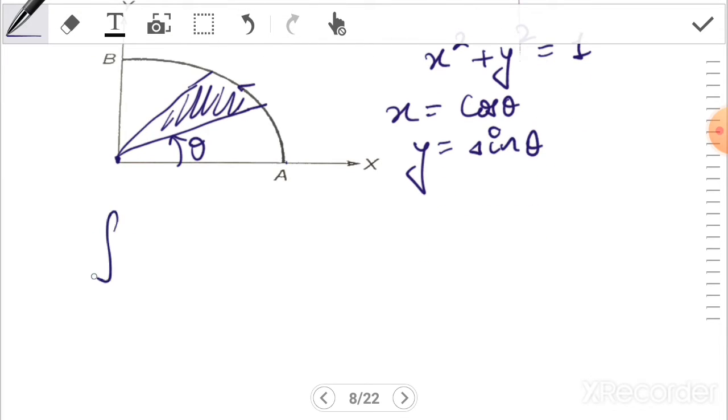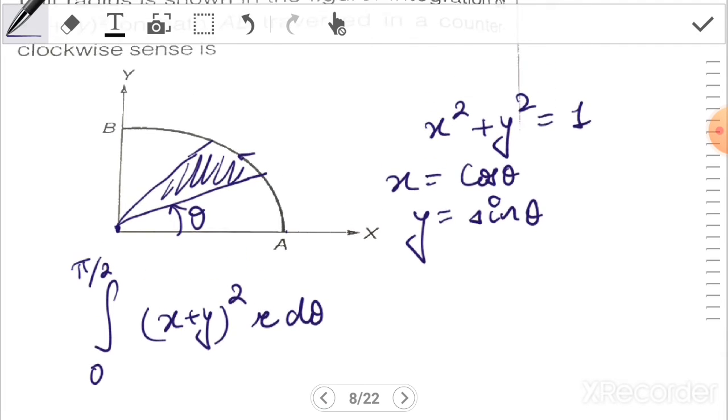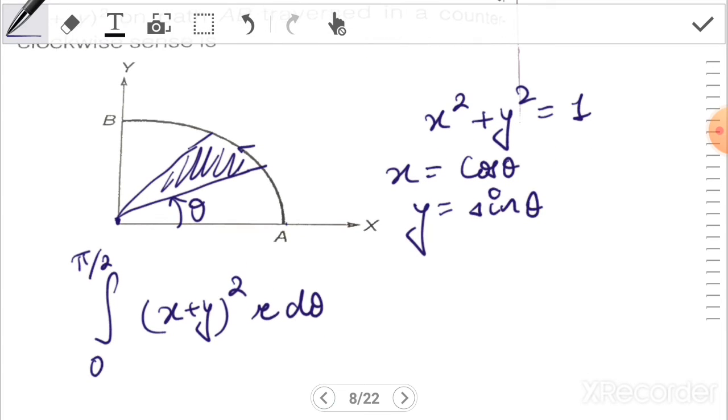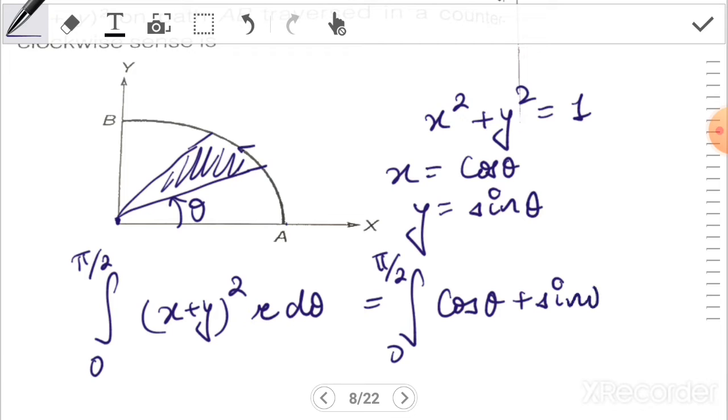So we have path AB, so 0 to pi by 2, and (x plus y) whole square r d theta. Since we are considering the xy plane, a two-dimensional plane, so r d theta. So we have 0 to pi by 2 (cos theta plus sin theta) whole square into r, which is 1, so 1 d theta.